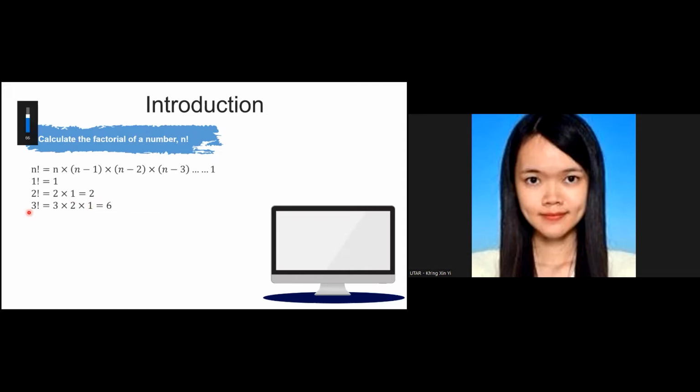So if we have 3 factorial, it's going to be 3 times 2 times 1, equal to 6 here.